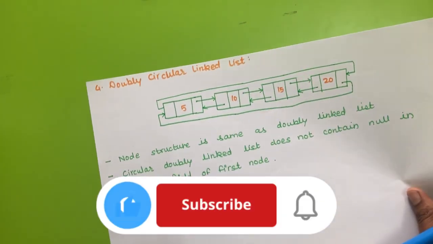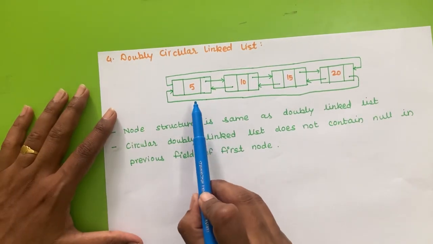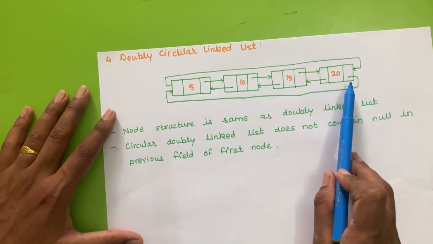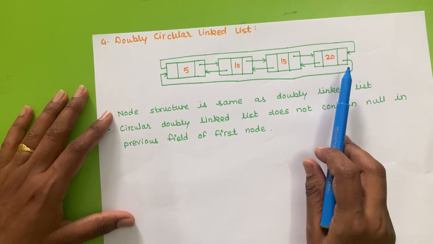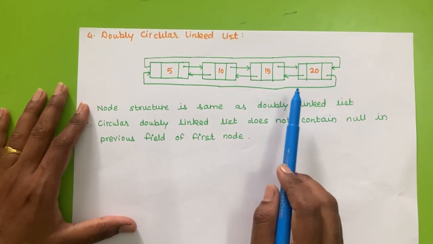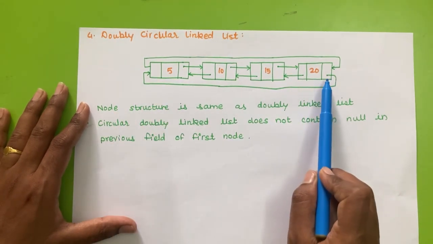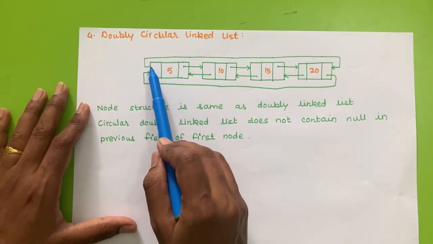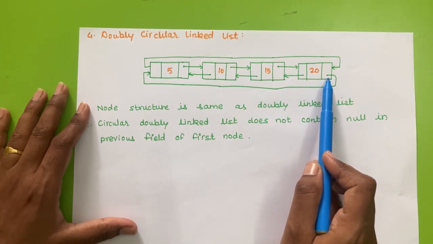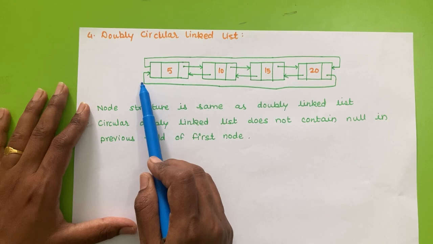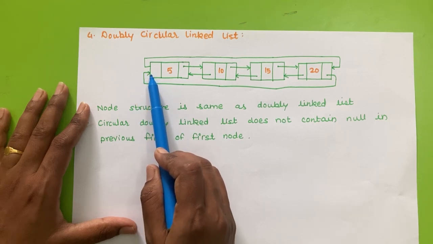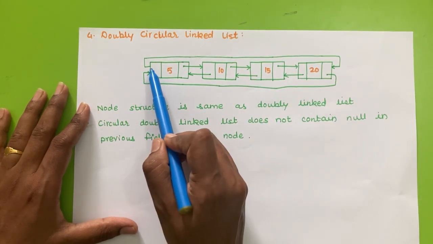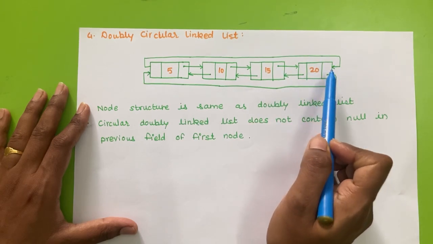Now we will see the next type of linked list, that is the doubly circular linked list. A doubly circular linked list is the same as the doubly linked list, with one difference: the last node in the linked list stores the address of the first node, and the first node stores the address of the last node.